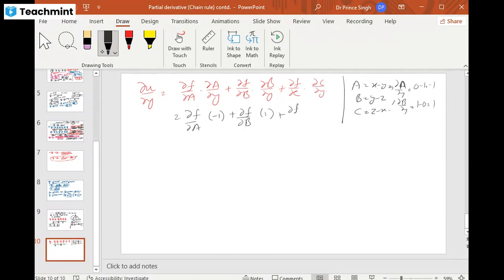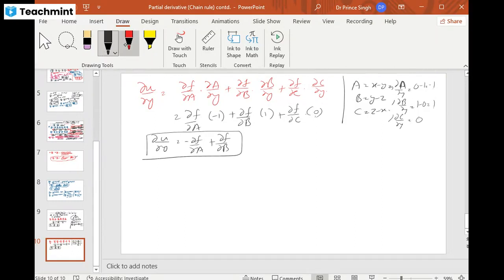And if we differentiate c with respect to y, c doesn't depend upon y, so the derivative of c with respect to y is 0. So its value comes out to minus ∂f/∂a plus ∂f/∂b. This is the derivative of u with respect to y.